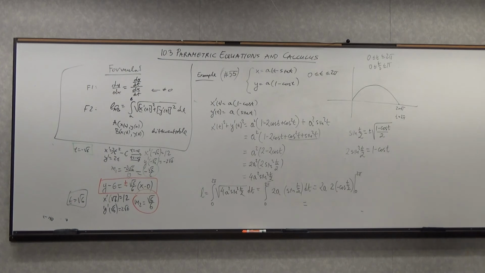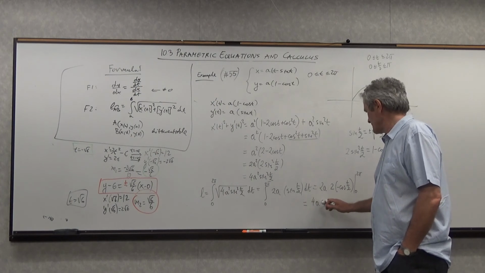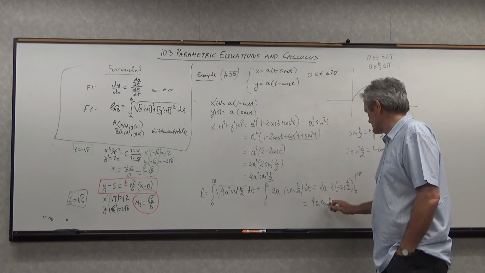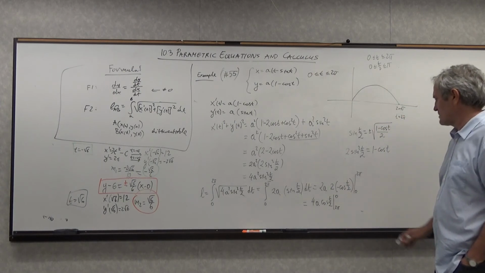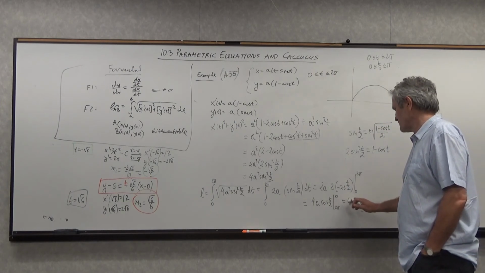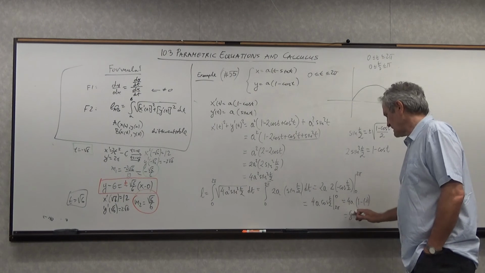So what would that give me? As normally, we get 4a times cosine t half between 0 on top and 2 pi on the bottom. 4a times, this is 1 minus negative 1, which is 2, so we got 8a.